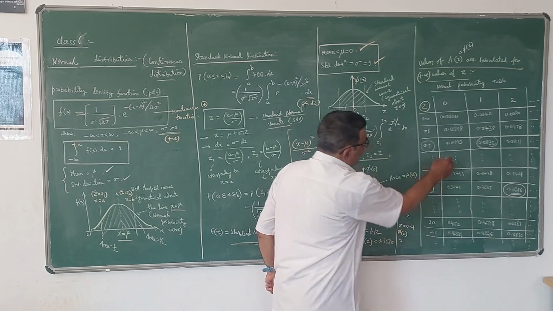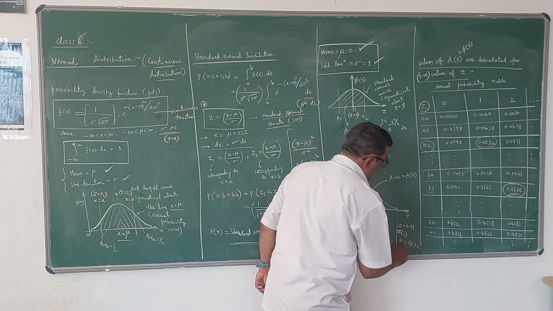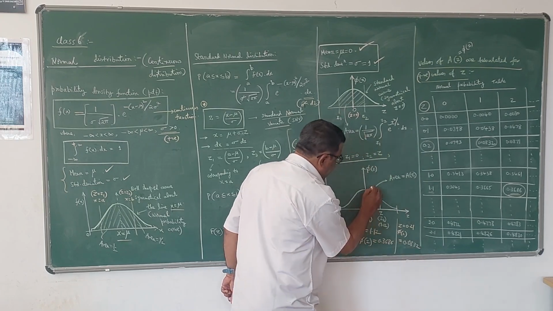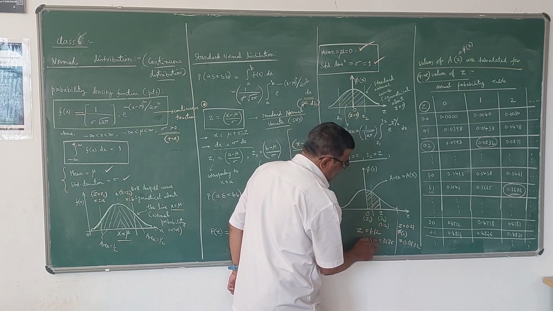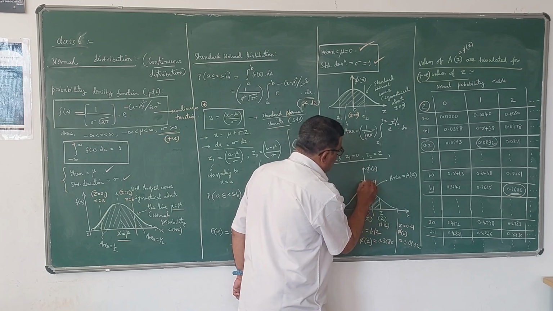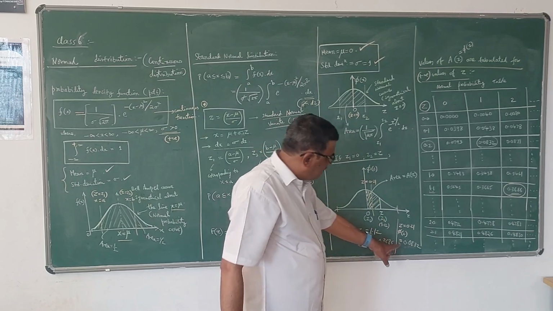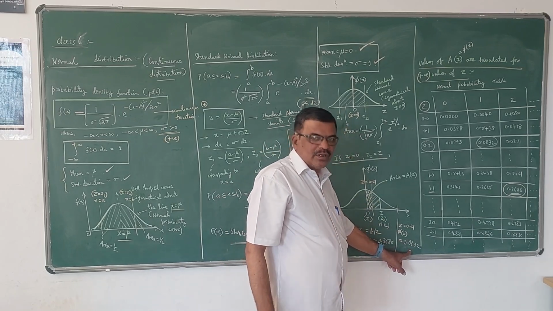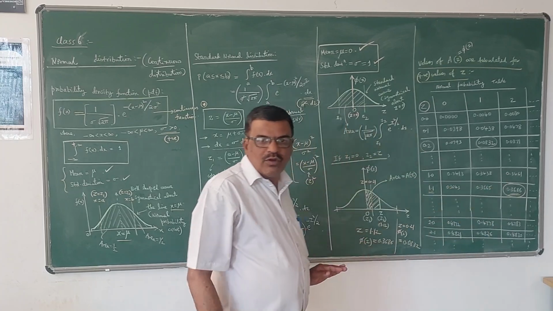So phi of z will be 0.0832. That means if z is 0.21, the area will be this much. So the area increases as you move further.